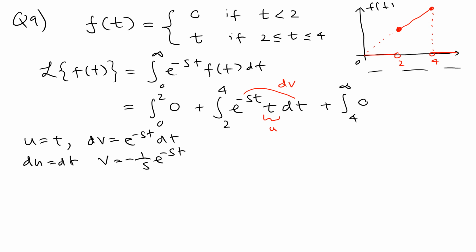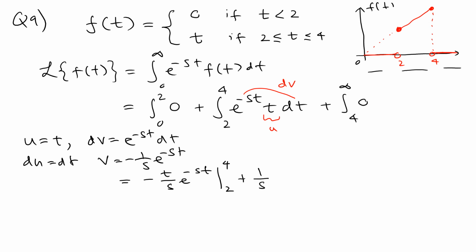So what you get is the uv product, which is negative t over s e to the negative st, evaluated at 4 and 2, plus the integral of v du. When you do that, you get 1 over s.